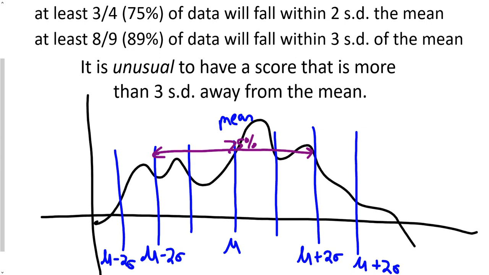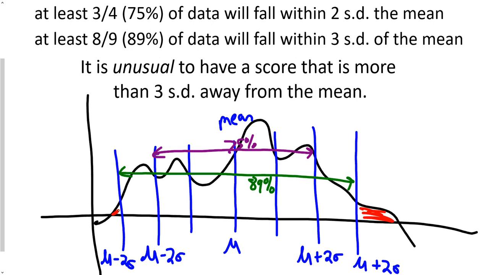You would have at least 89% of your data. Could be more. And anything outside of that, anything in here or in here, those are unusual. Those would be considered outliers.